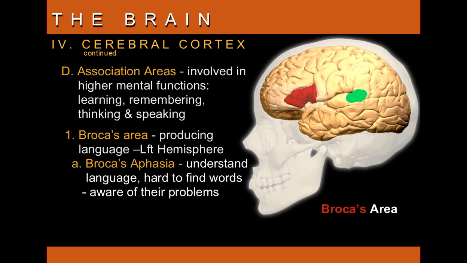It is located in the left hemisphere, and if a person has Broca's aphasia, they may have difficulty understanding language and communicating their own words. Left frontal cortex is where language is, therefore that's where Broca's area is. They do know that they are unable to adequately tell the person they're speaking to what they're trying to.